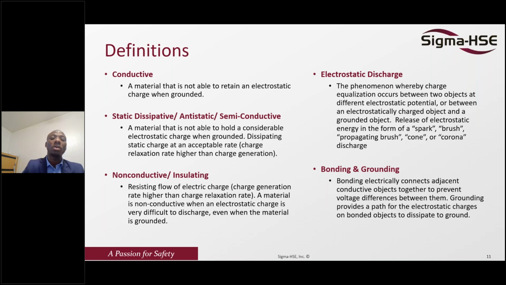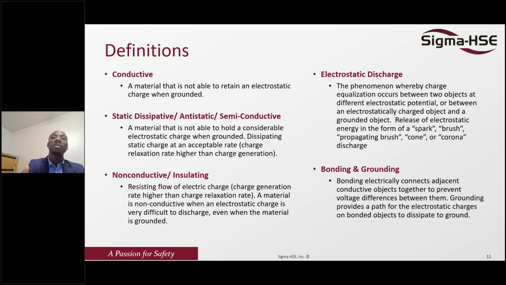The next one is non-conductive or insulating. That is normal plastic. So these materials allow charges to accumulate. It does not have a means of dissipating charges. So if I have a plastic and I have charge accumulation there, it will continue to stay there.